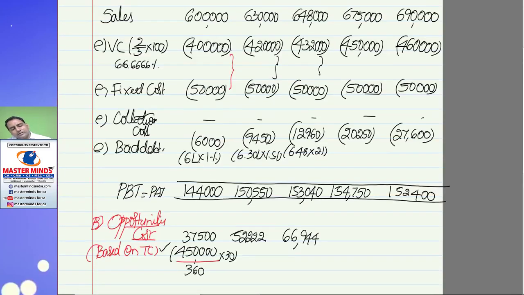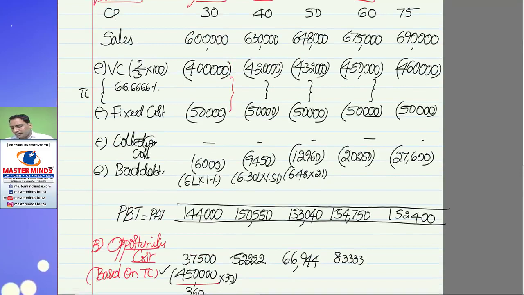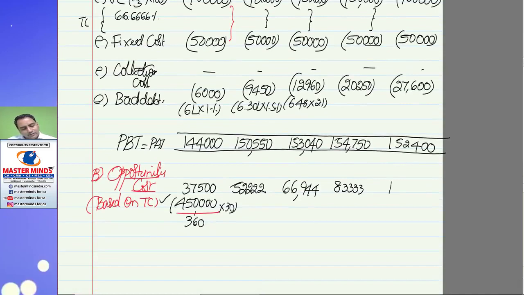Total cost means variable cost plus fixed cost. So 5 lakhs divided by 360 into 60 is 83,333. 5,10,000 divided by 360 into 75 is 1,06,250.